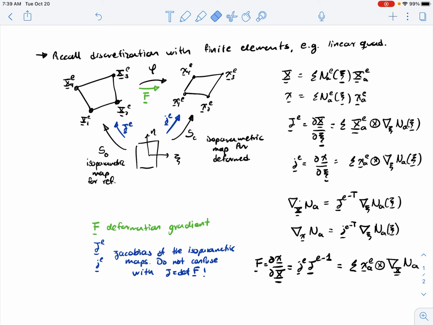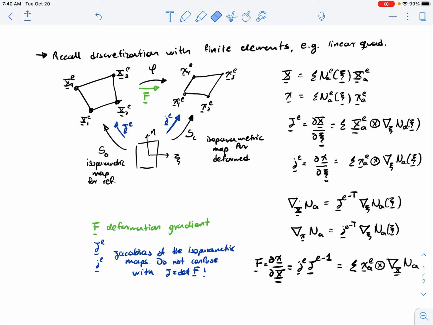So x1e, x2e, x3e, x4e are the coordinates of the nodes in the reference, the capital X, and the lowercase x1e, x2e, x3e, and x4e are the deformed coordinates of the nodes of the element. And these are vectors, so these have x and y components.